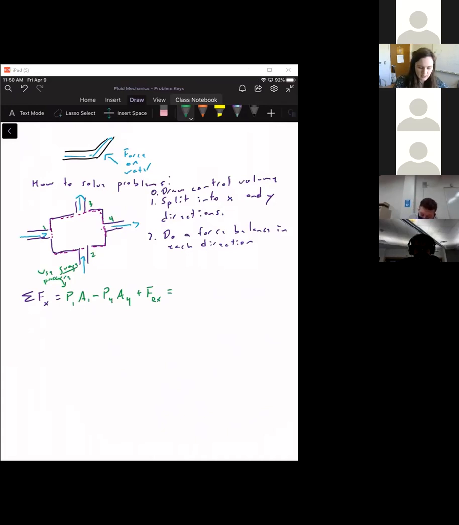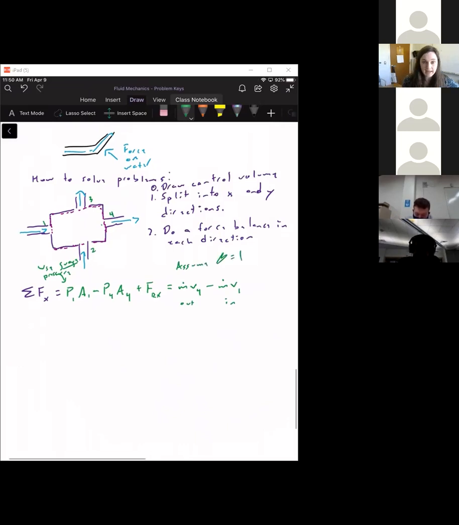Okay. And so that would be m dot V4, and it's positive because it's going to the right, minus m dot V1, so out minus in, assume theta is equal to 1, like that.